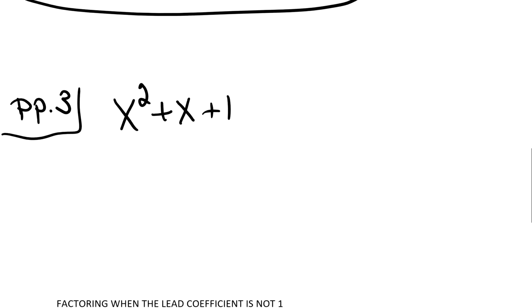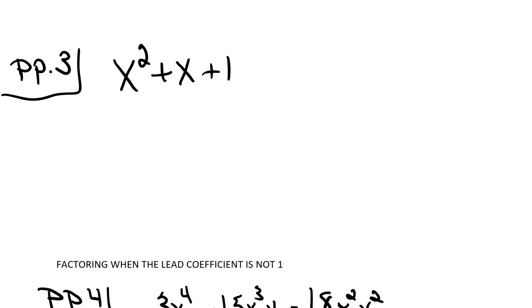Okay, practice problem 3. Okay, let's go. Lead coefficient is 1. Set up my parentheses and fire away. X here, X here. They're both positive in the problem, so they're both positive down here in my answer. Now I need 2 factors of 1 that'll add up to be 1.